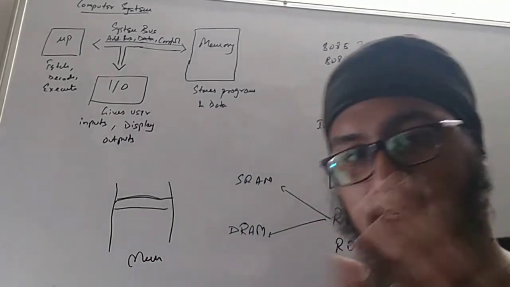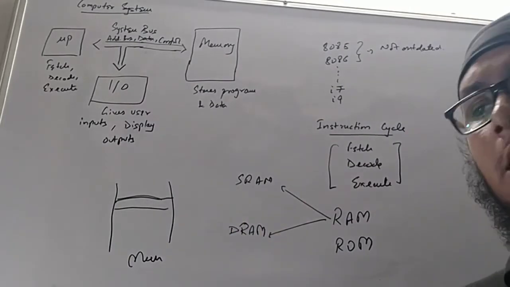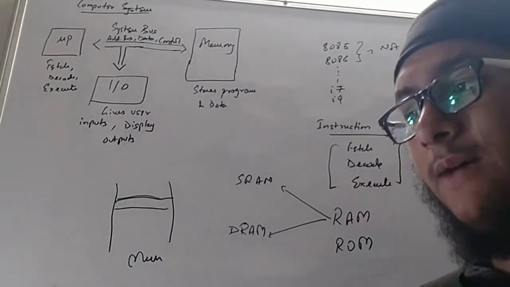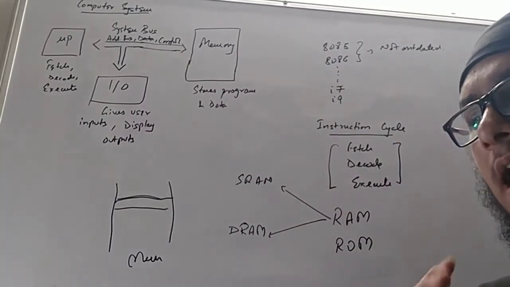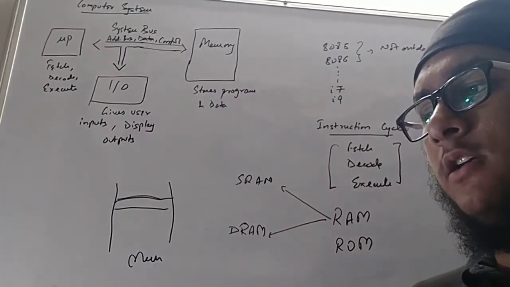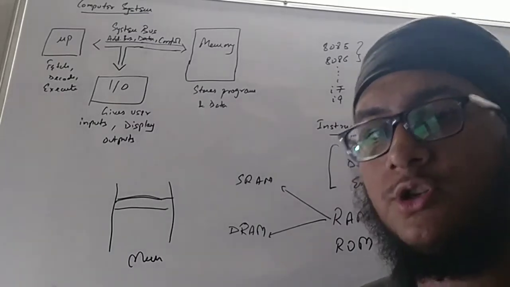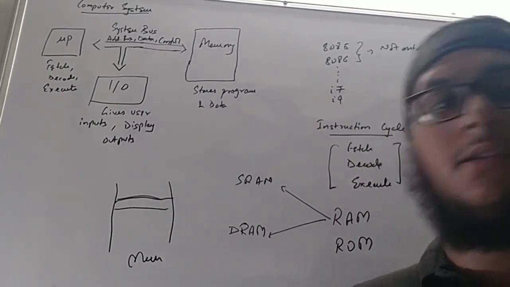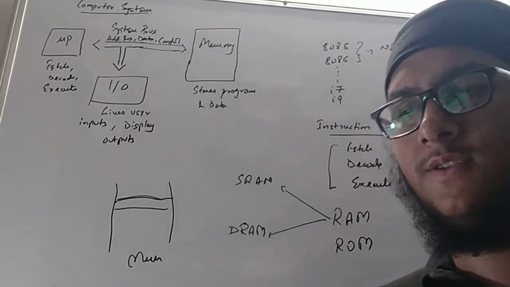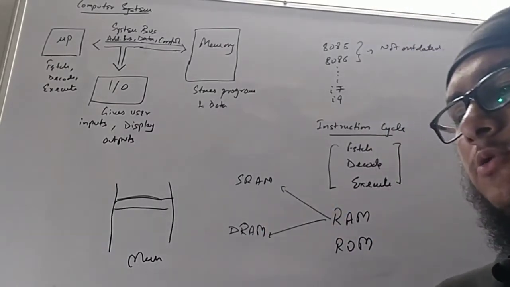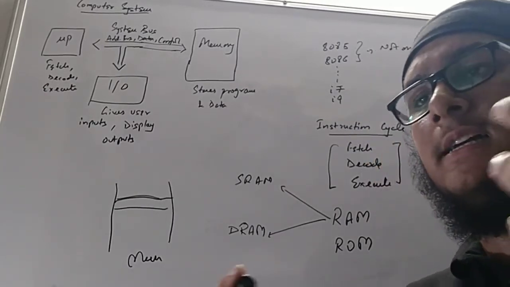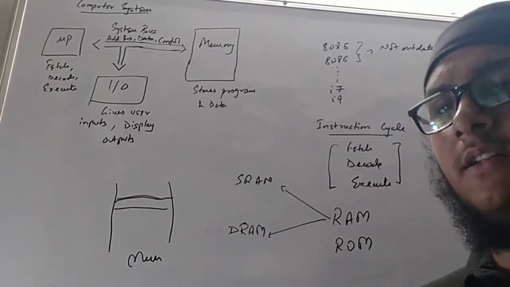I/O devices are used to enter programs and data as inputs and to display or print the results as outputs. I think you would understand this, because I/O devices are something we all know. I/O devices are such as keyboard, mouse, monitor, printer, etc.